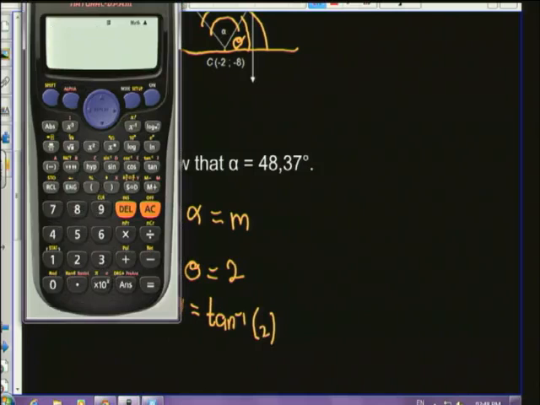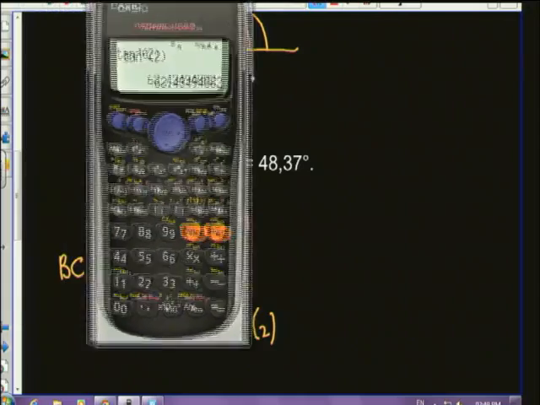Okay, let's clear that. So we need shift tan of 2, close bracket. And we get an answer of 63.43 degrees if you round it off to 2 decimal places.